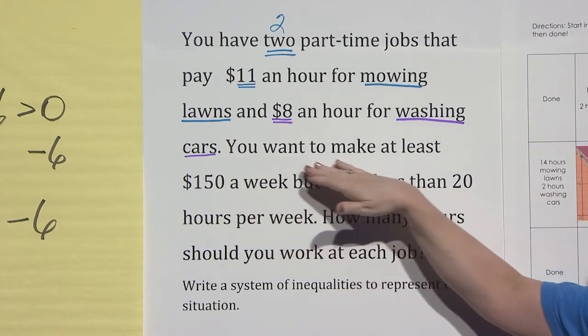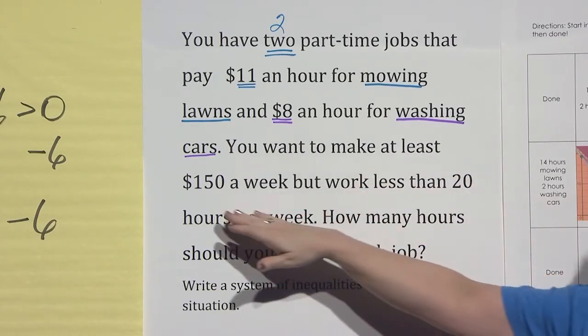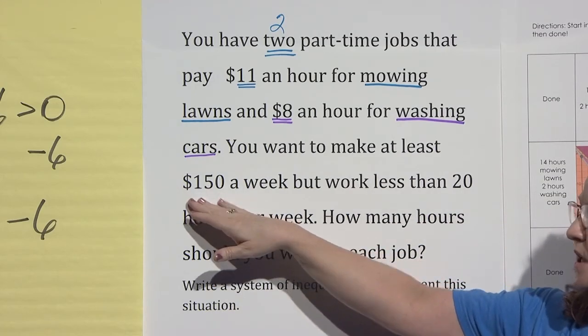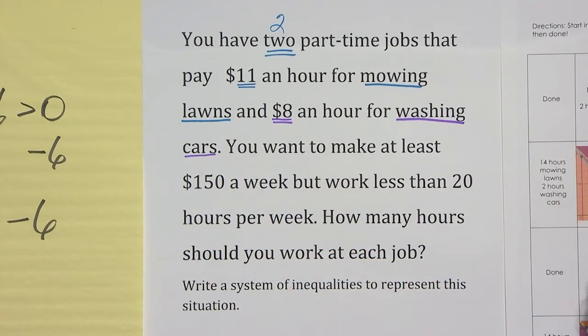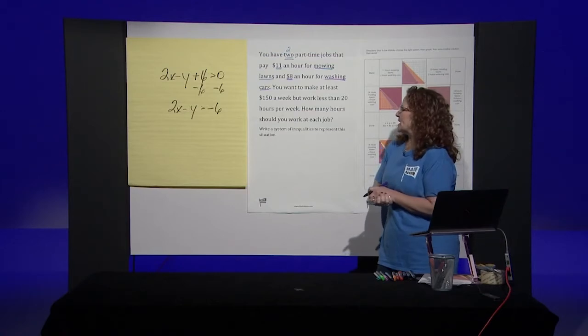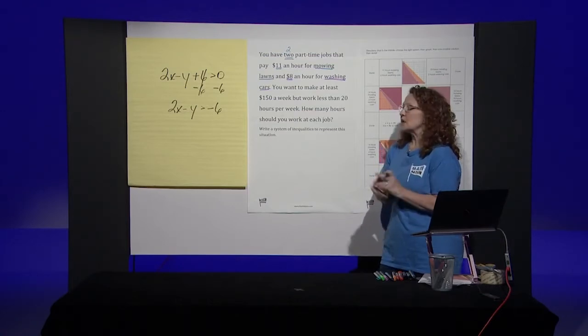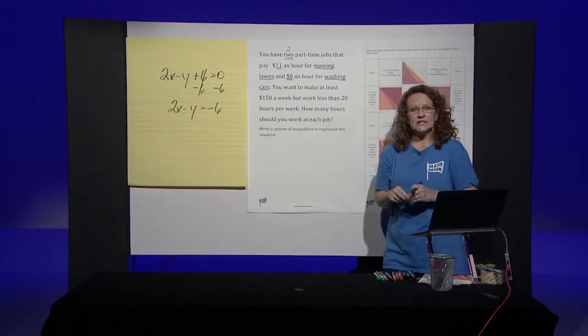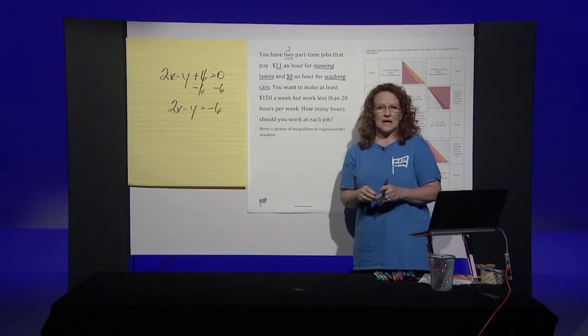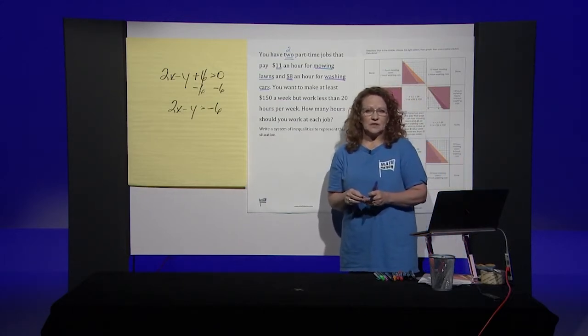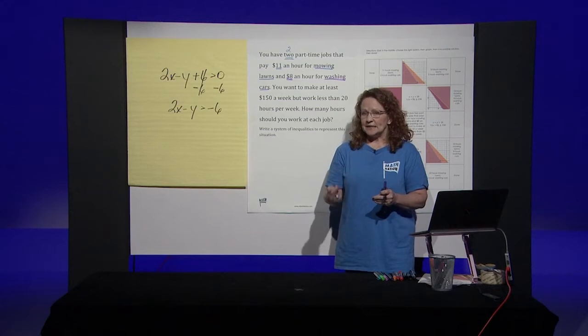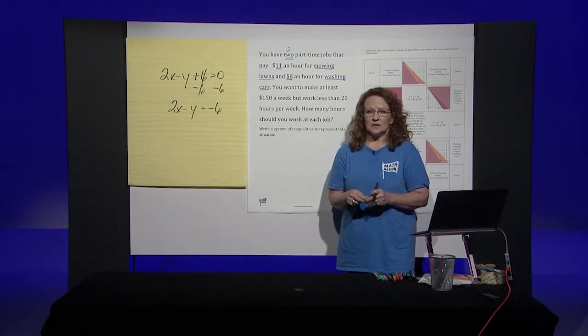You want to make at least $150. So let's take a guess and think, what could we buy for that $150? Oh, what if there's a pair of tennis shoes that you would like to buy? That's $150.